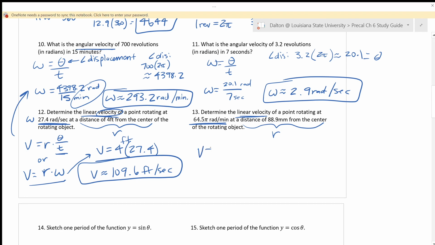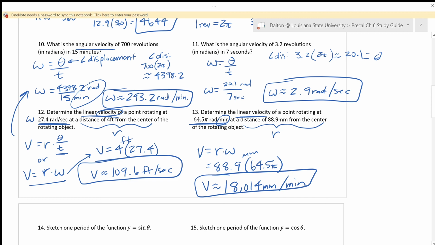So that's 88.9 for the radius times 64.5 pi for the angular velocity, omega. To the nearest tenth that would be about 18,014. We're dealing with millimeters for the radius and minutes for the time, so millimeters per minute is the unit for the linear velocity.